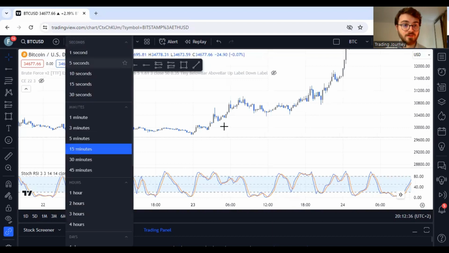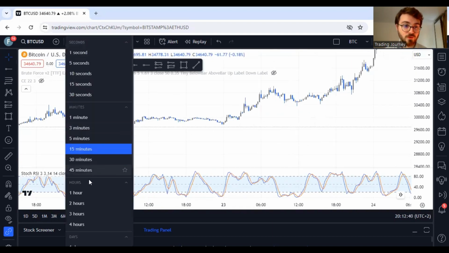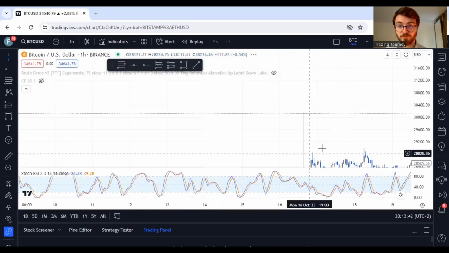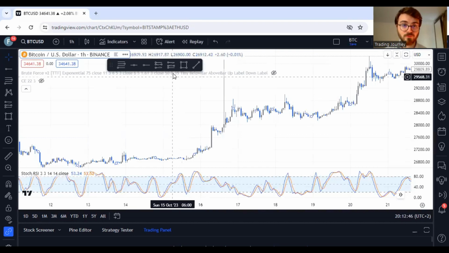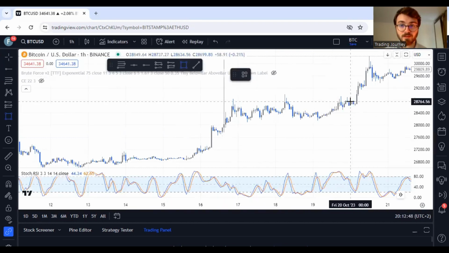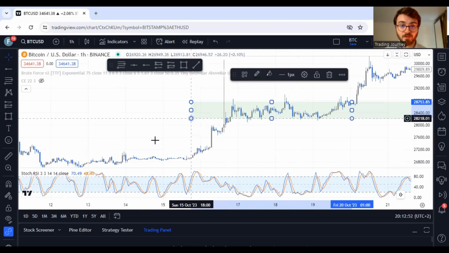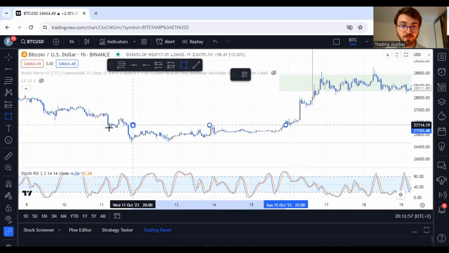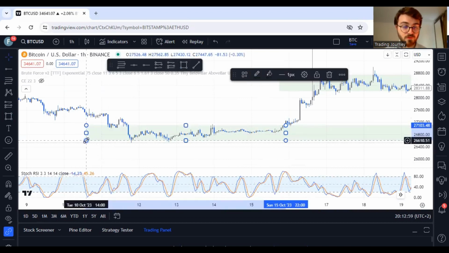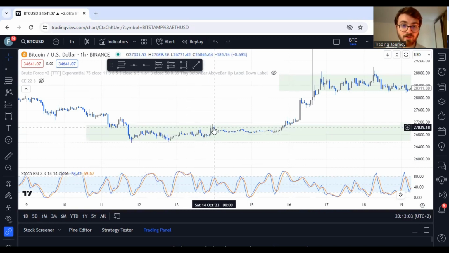Actually, now let's move on to the actual strategy. So you want to go to the first higher time frame, which is the 1 hour. And what I want you to find is basically a zone like this where there's consolidation happening. You could also use that one. And what I mean by consolidation, as always, is a sideways market where the price is not really making higher highs or higher lows.